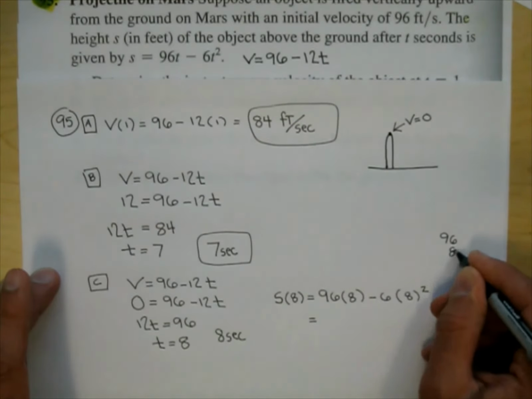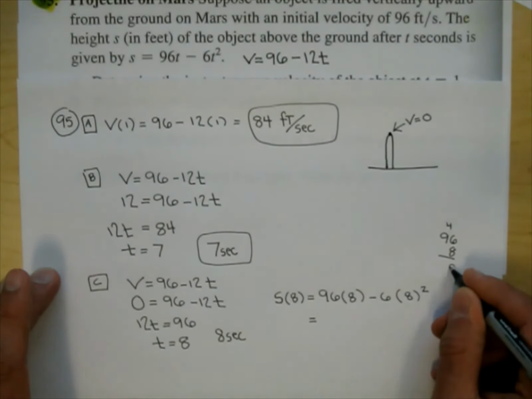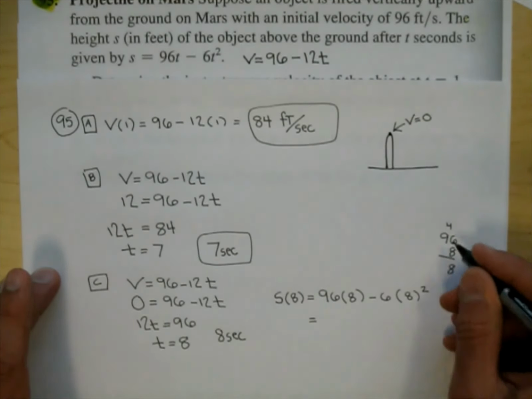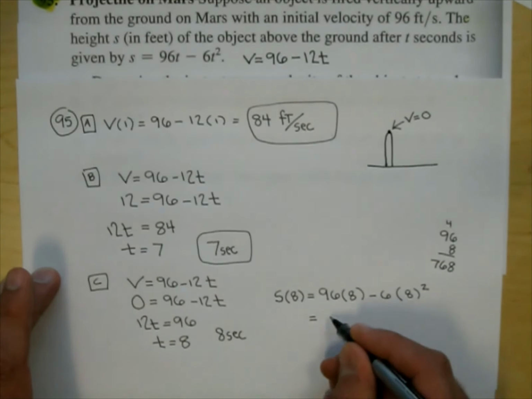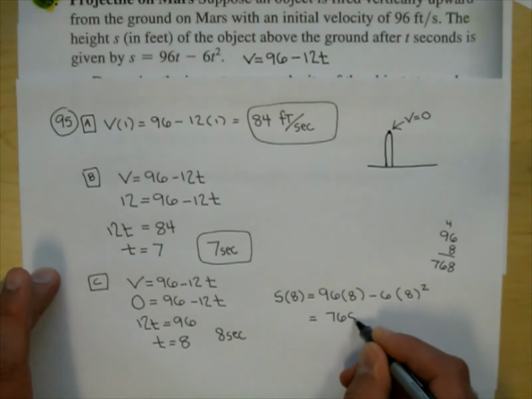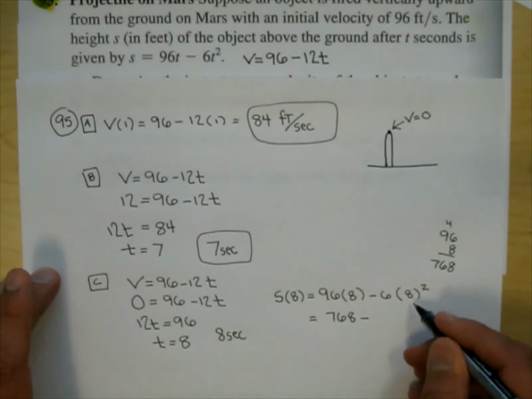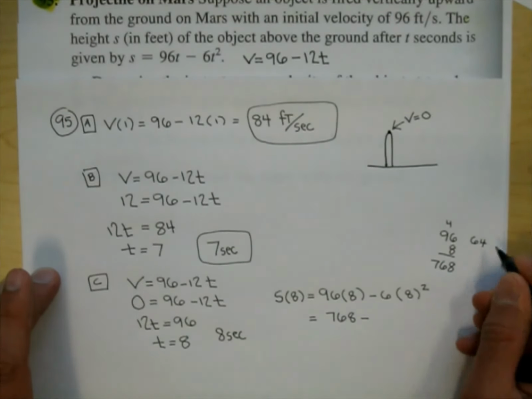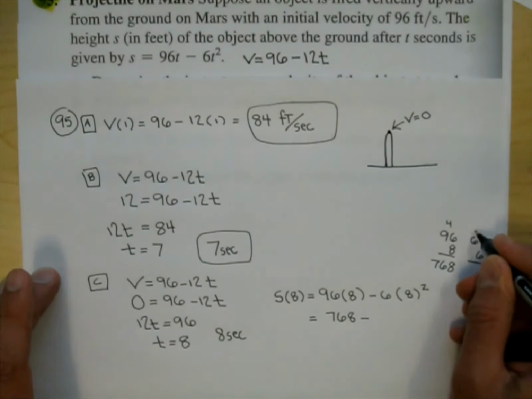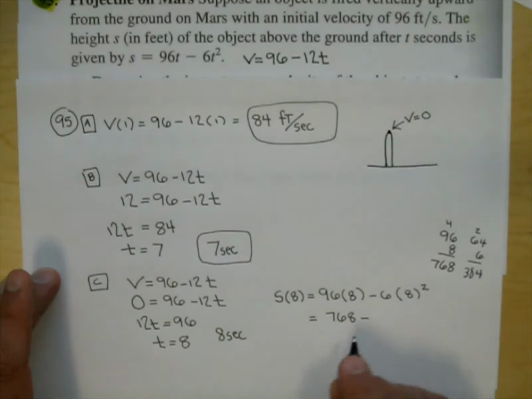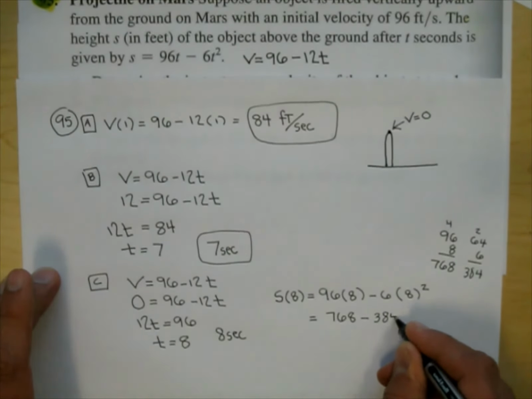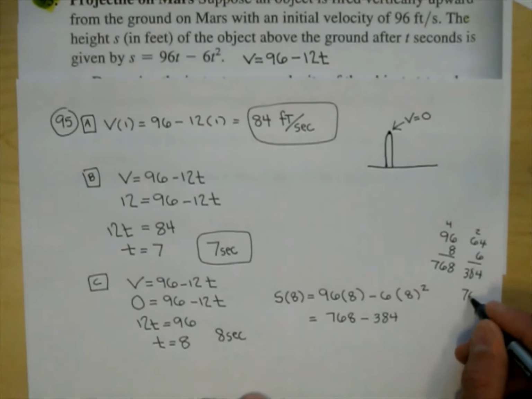Wish I had my calculator within reach. 768 minus 64 times 6. I should just go get my calculator. 384. So 768 minus 384.